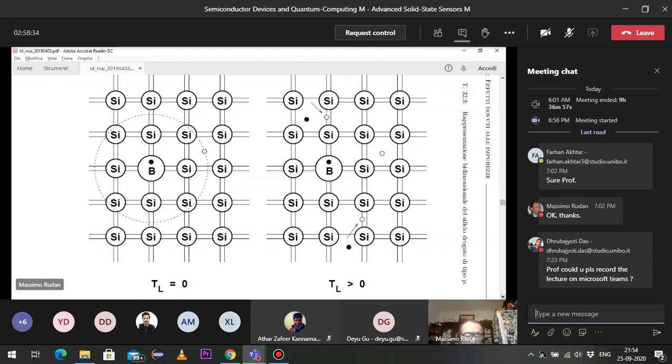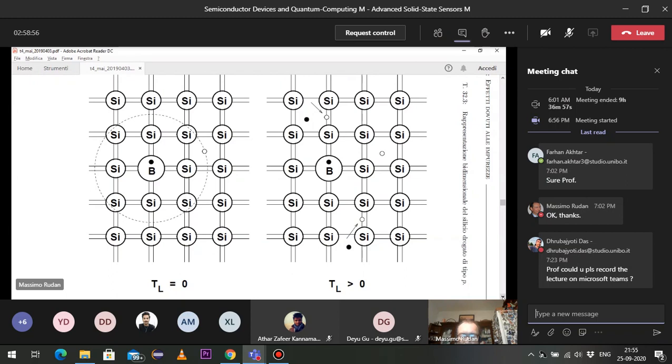You have a hole that is the white dot that orbits around the boron atom and is compensated by the electron that is the black dot inside the boron atom. This happens at absolute 0 temperature.